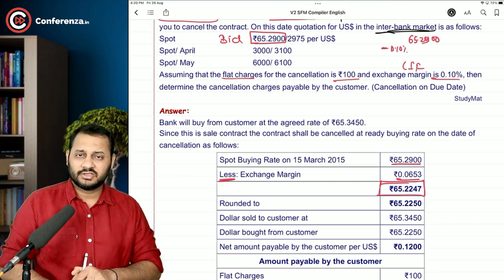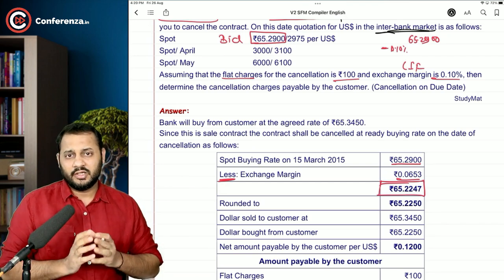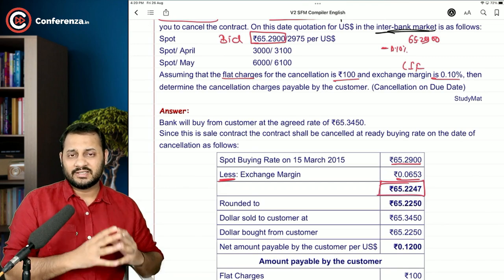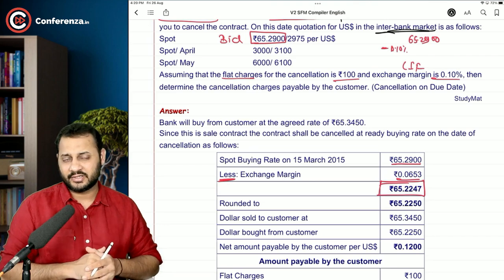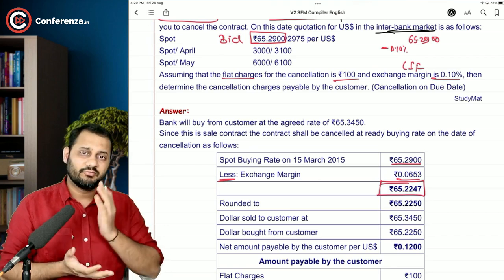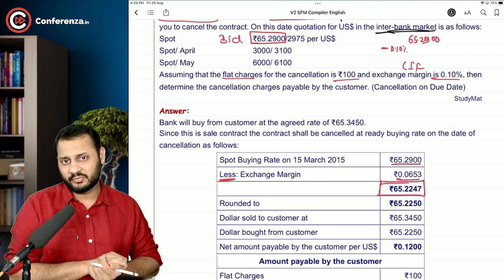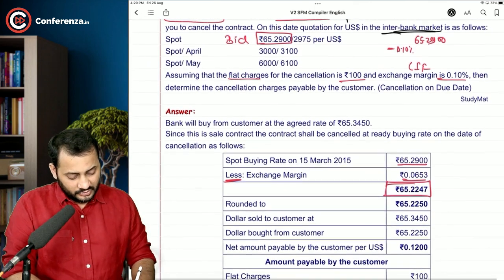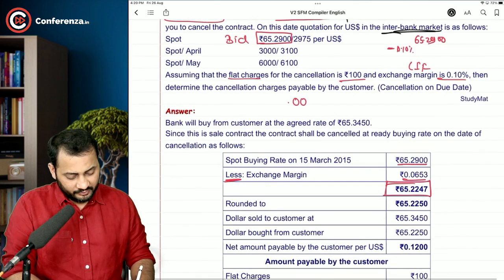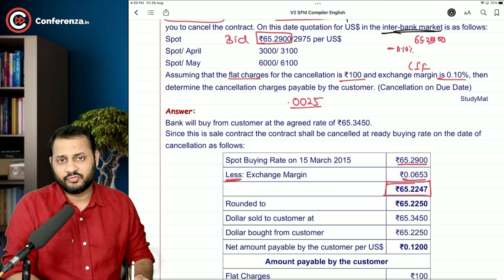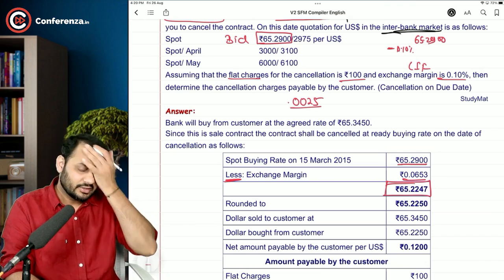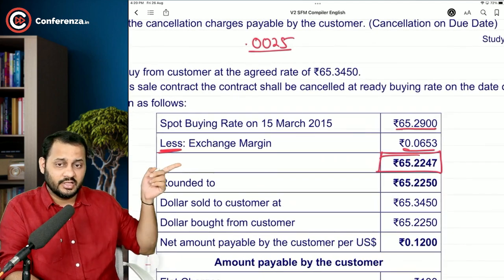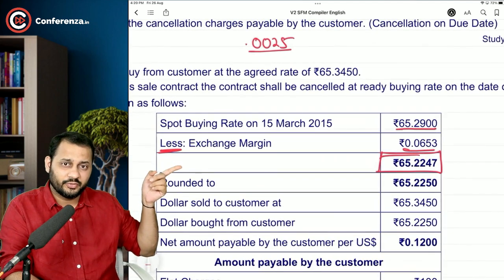Now I will explain one thing to you. In forward cancellation, extension and due date, you need to follow one standard practice, which has sometimes been followed by the institute and sometimes not. All the rates should be in multiples of 0.0025, the nearest multiple of 0.0025. Whenever you cancel a rate, see what has been done here. This is the rate 65.2247.